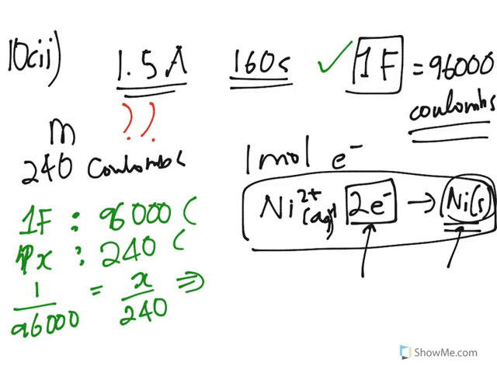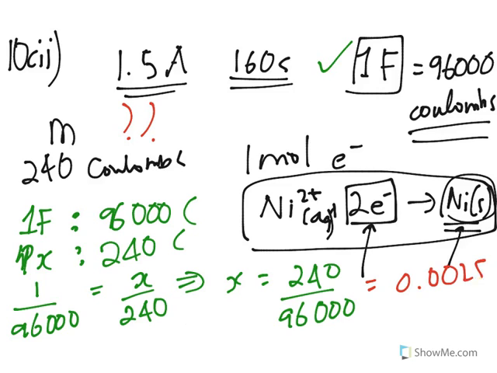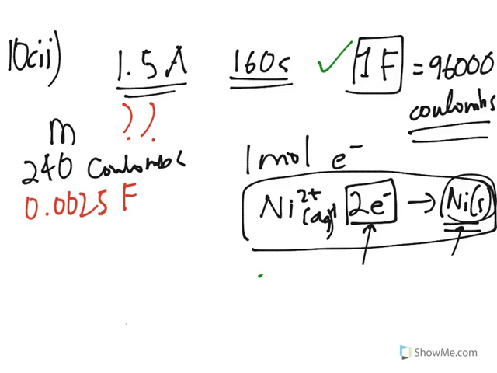So it means that x, which is the number of Faraday used in this whole process, is equal to 240 divided by 96,000, which will give you an answer of 0.0025 Faraday. So now we know that 0.0025 Faraday was used, or in other words, 0.0025 moles of electrons were used.